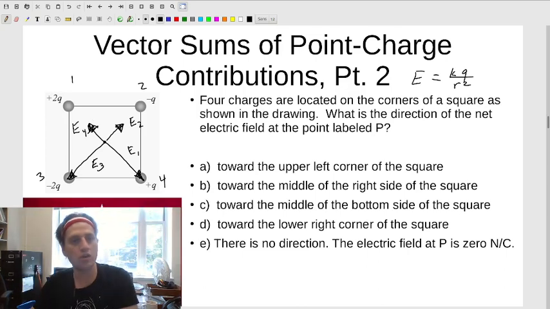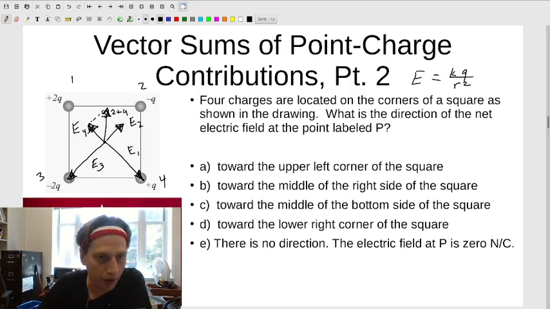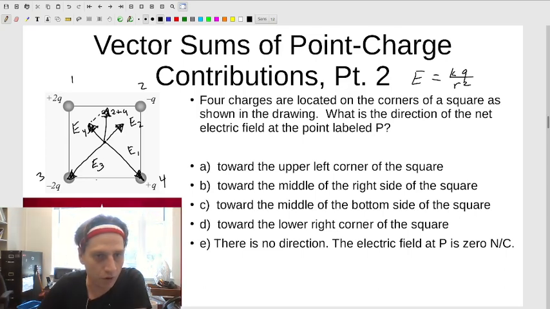Okay, so now if I wanted to add these all together, my E2 plus my E4 would look like that. My E3 plus E4 would give me a vector pointing down. And so overall, my 3 plus 4 is going to be pointing straight down.